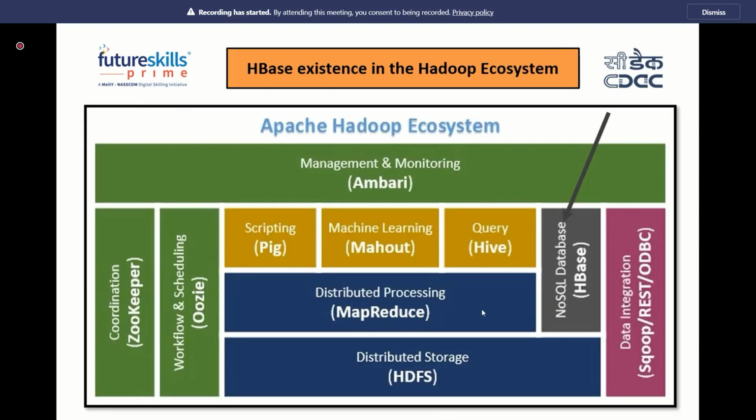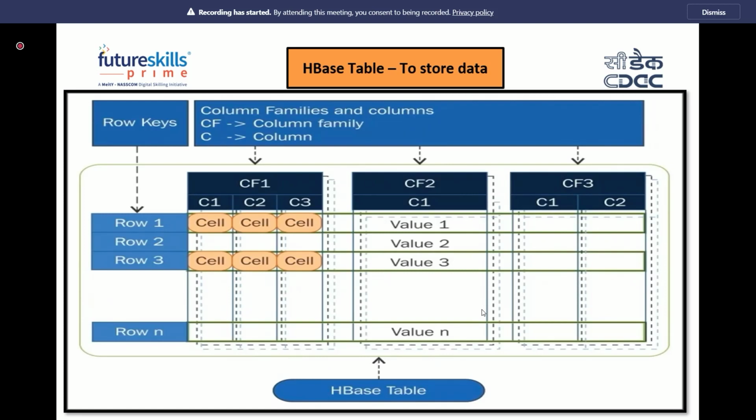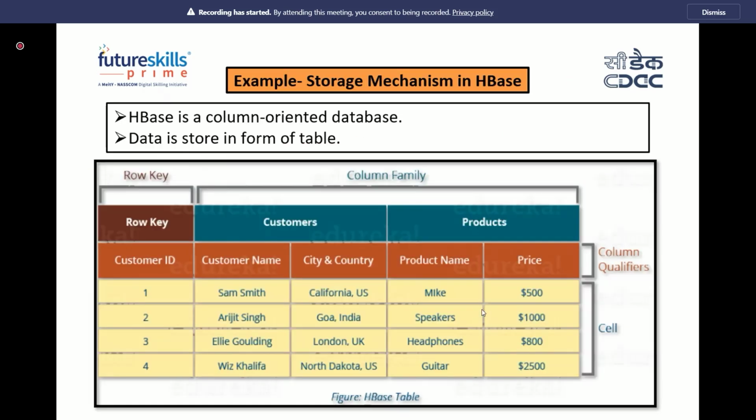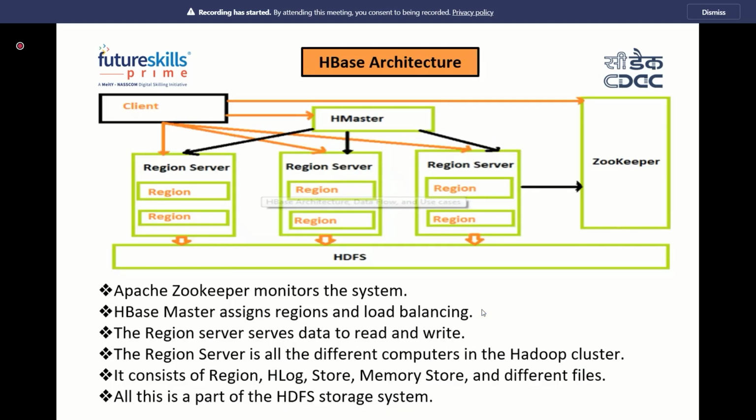What was the existence or presence in the Hadoop framework? How HBase was working? Structures of tables, how tables store the data, and what the column families are. Basic examples are the HBase tables that we have used. After that, a real-time structure of an HBase table.